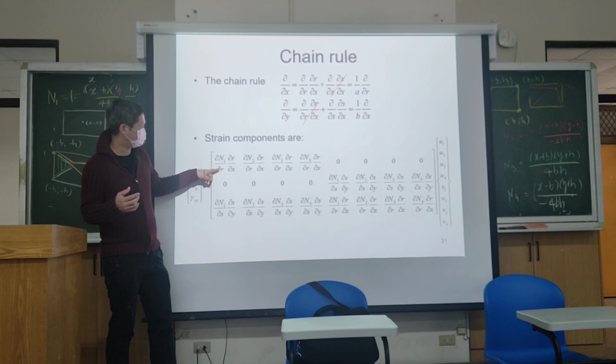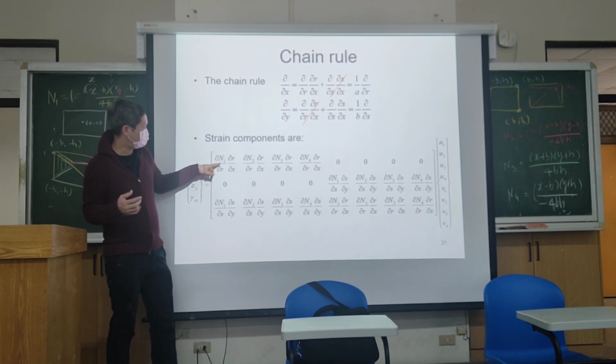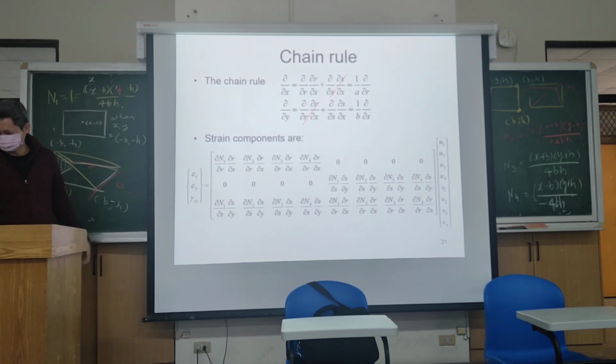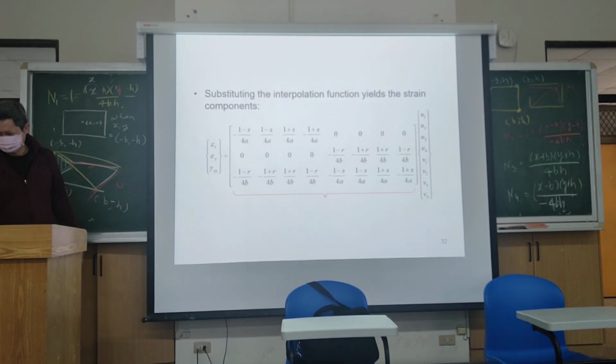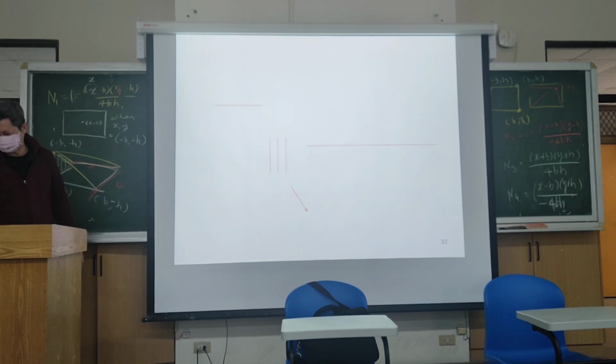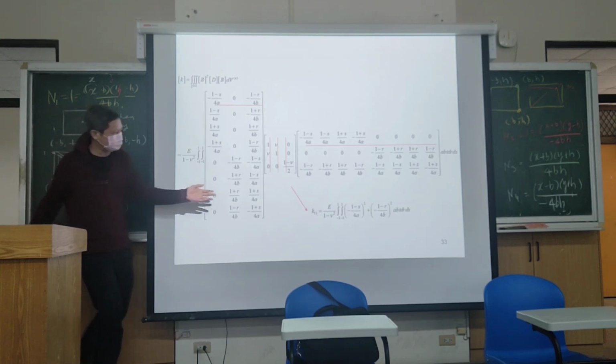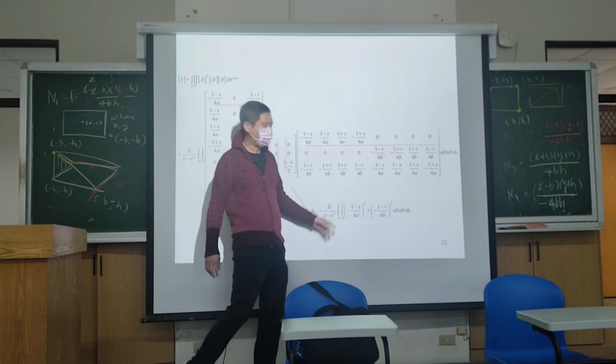So now I re-express it as del N del r times del r del x. So eventually you find this strain gradient, the displacement gradient. So this time the integration becomes easier because it is bounded between minus 1 and 1.